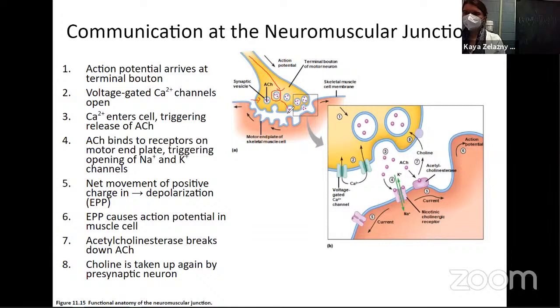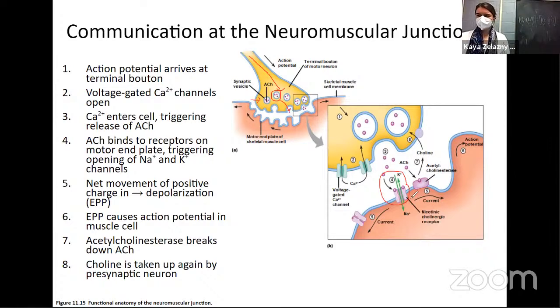So the acetylcholine is getting released into this space. And the acetylcholine is binding onto that cholinergic receptor, that nicotinic cholinergic receptor. That's something that we want to remember for our specific receptor type in the neuromuscular junction.